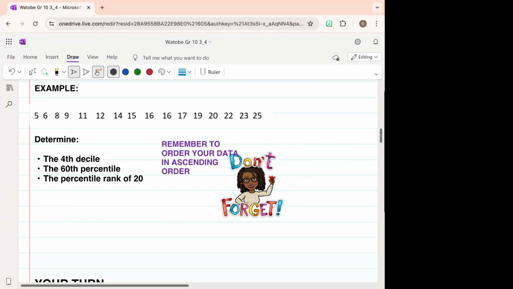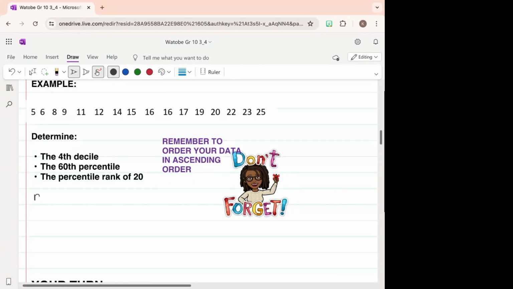We said our formula is R is equal to, can you guys remember? R is equal to, okay, now we're going to have 4 over 10, open brackets.